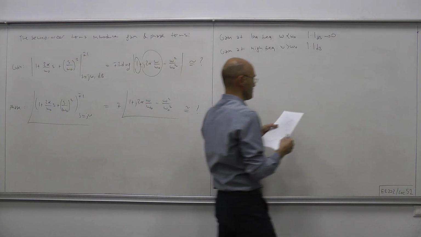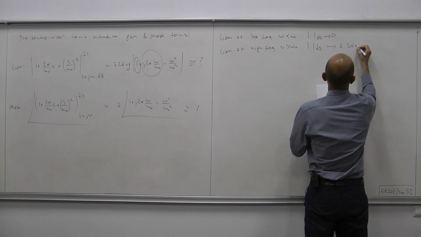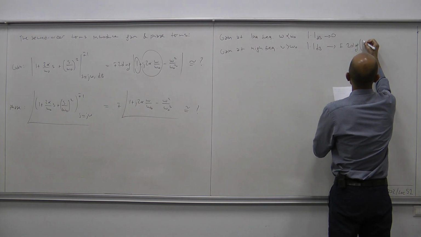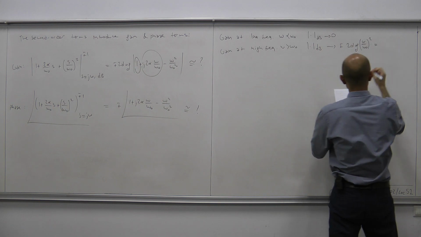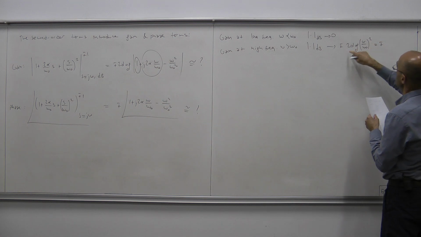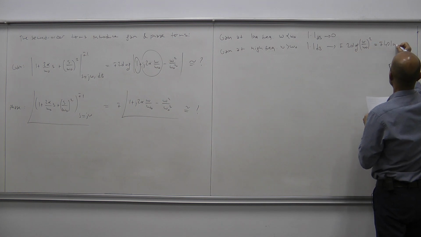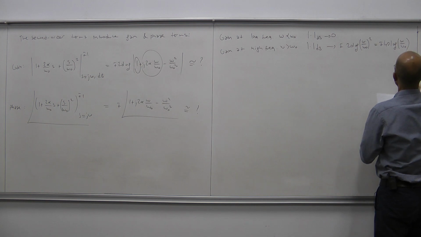That means we have plus or minus 20 log of omega over omega 0 squared, which equals plus minus 40 log omega over omega 0, since the 2 can be transferred here.